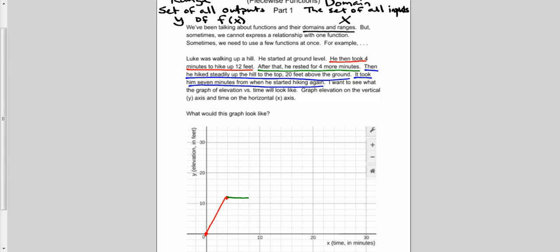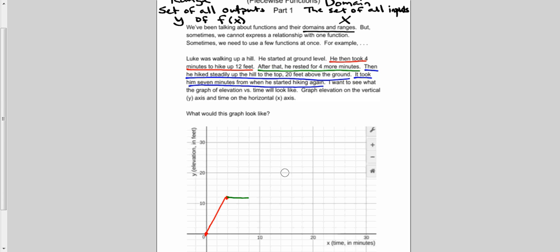Then he hiked steadily up to the top of the hill, 20 feet above the ground. So the top of the hill is right here. This is the top of the hill, 20 feet. However, it took him 7 minutes from when he started hiking again. So let's count 7 minutes. Well, here's 2, here's 4, here's 6, and then right in the middle is 7.